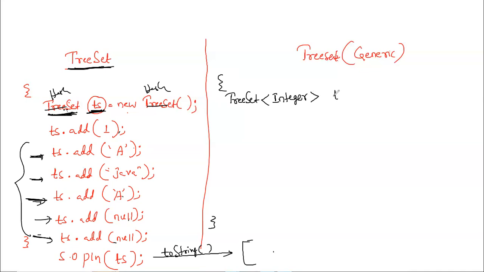Then a different object variable name, ts equals new TreeSet, again with generic type Integer, followed by the corresponding constructor. Closing of these angular brackets, then parenthesis, default constructor, then semicolon.